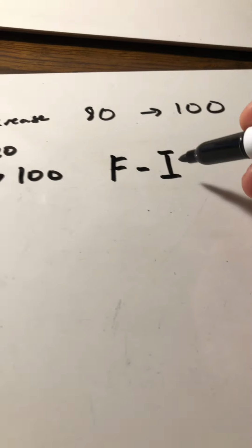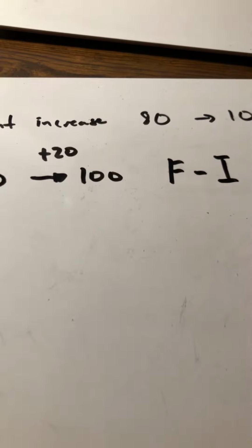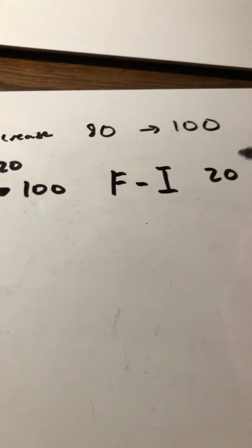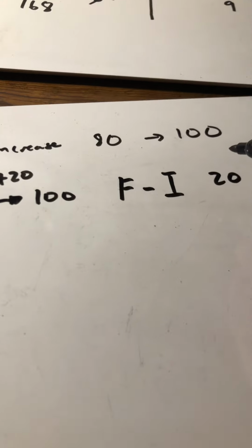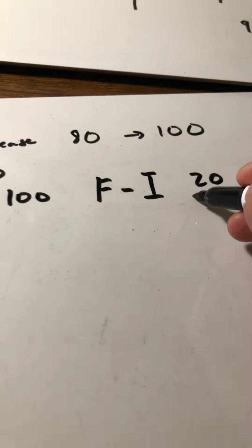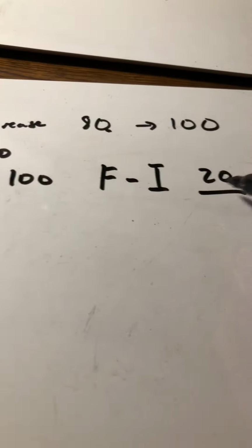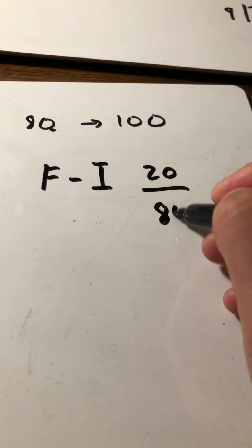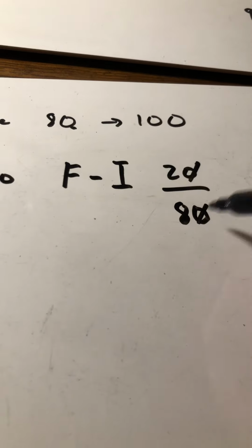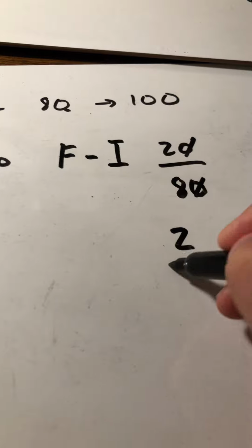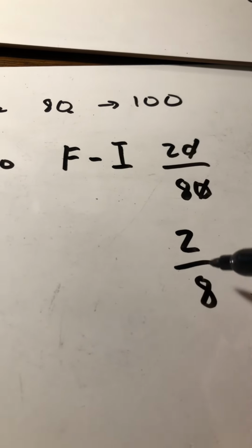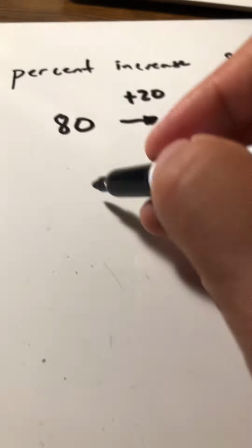Final 100 minus the 80 initial, you get change of 20. Divide that by your initial amount. 20 divided by 80. Well, those zeros are going to cancel. We're going to get 2 over 8. 2 over 8 will cancel into 1 over 4.